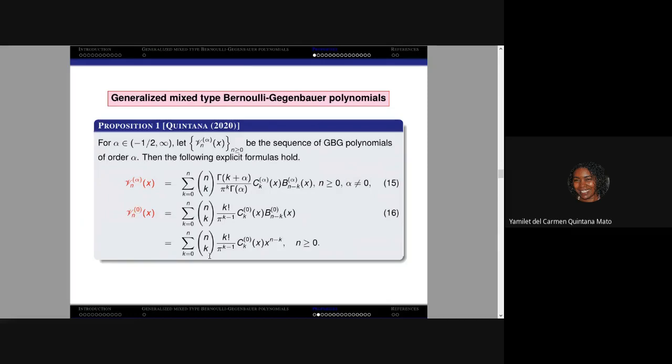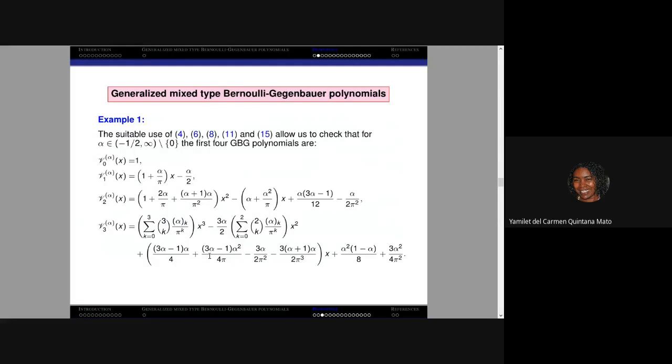Now, for example, using in a convenient way some of the previous relations, it's not difficult to check that the first 4 GBG polynomials are given by the expression in the slide. Okay.